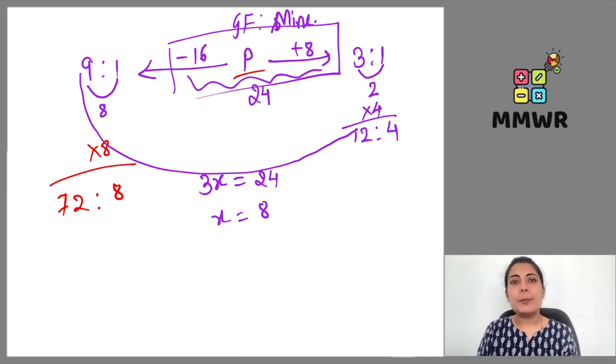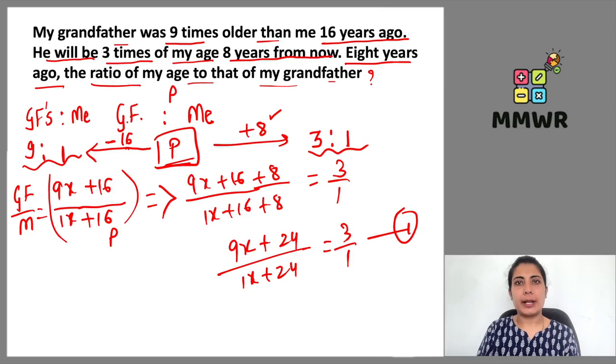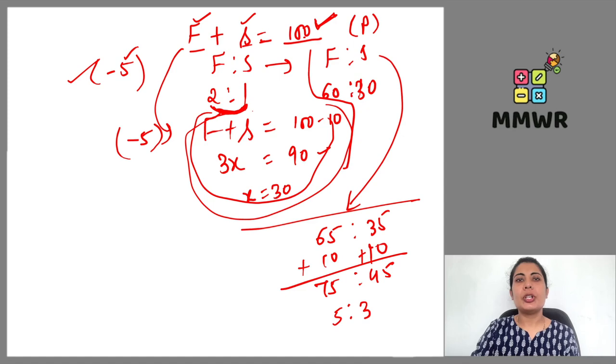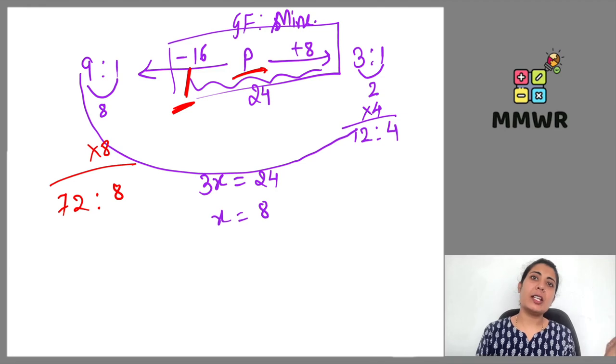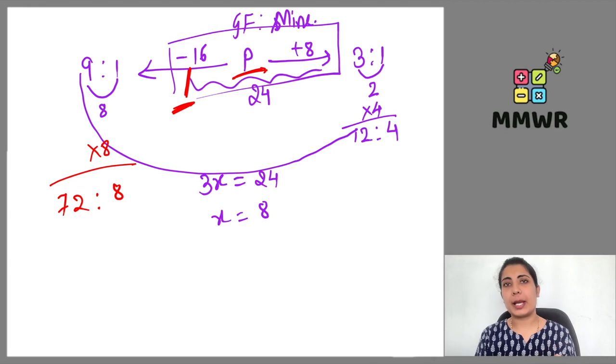I have to come to the present age. There are two ways now. Either I add 16 to come to the present age and then subtract 8, or I directly work with that 8 years section. I have to calculate the age ratio 8 years ago, of my age to that of my grandfather. I don't know the present age, but I know that 16 years before the present age, the ratio was 72:8 for grandfather and my age.